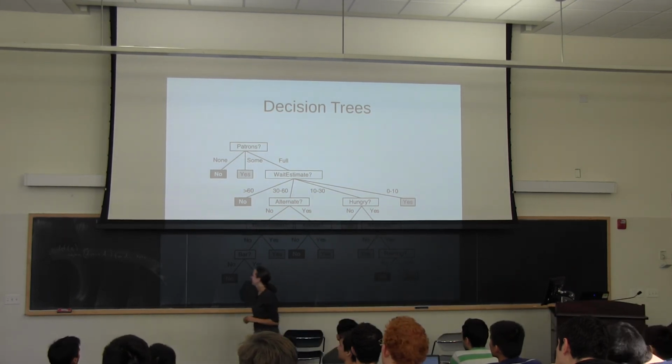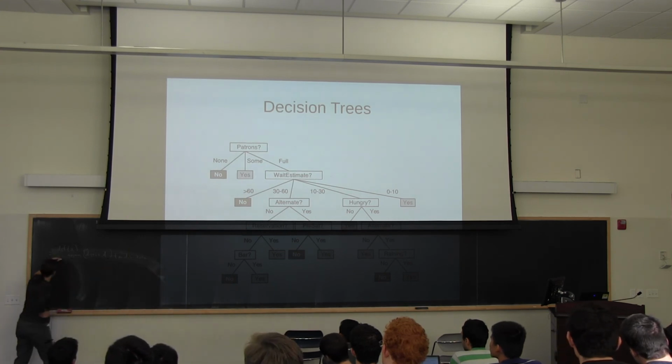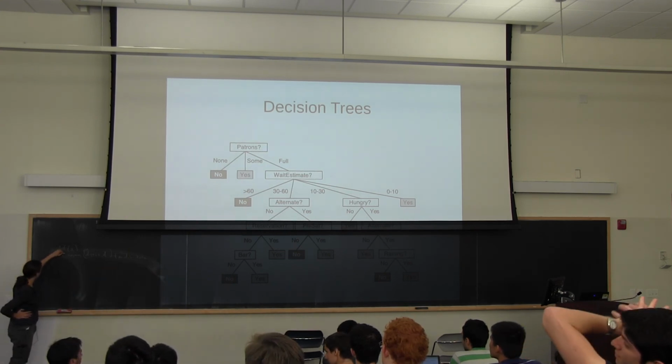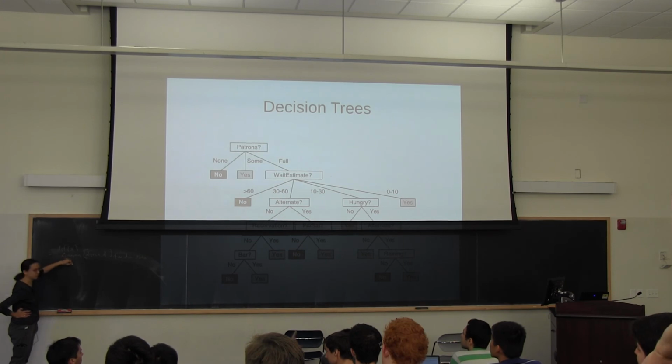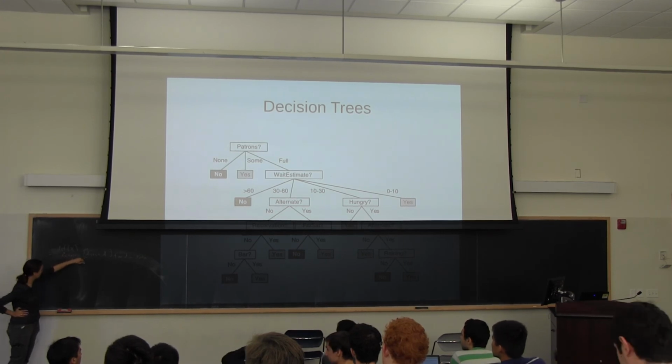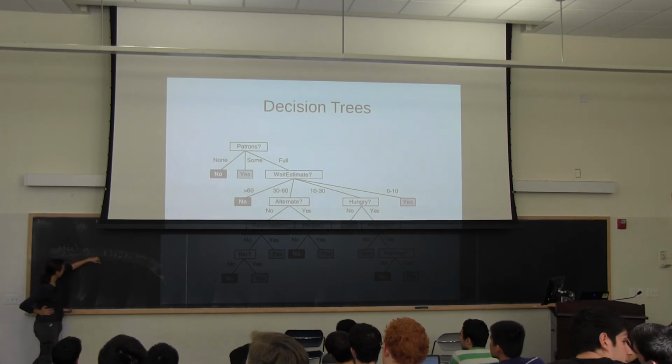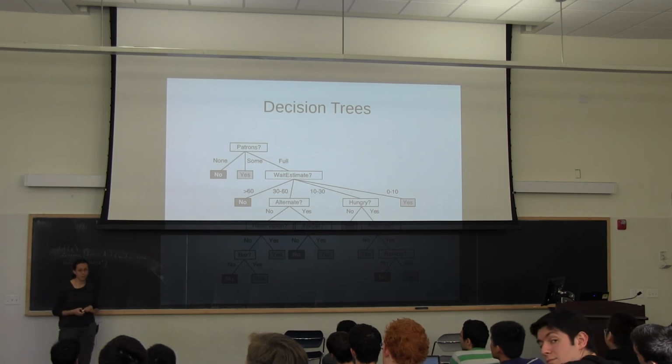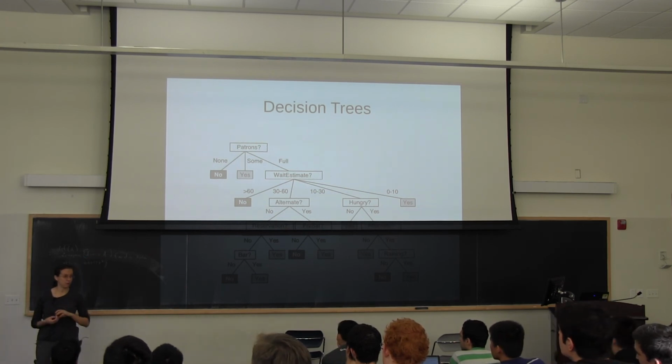For d in data, x star, return what? Label x star, right? So that's like one nearest neighbor. Find the closest point, return the class.